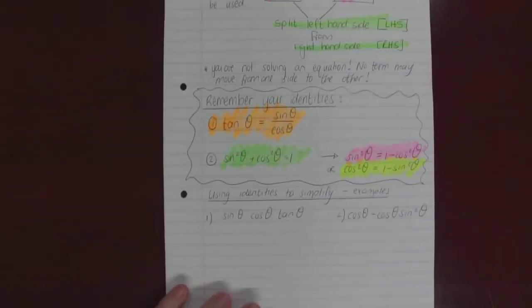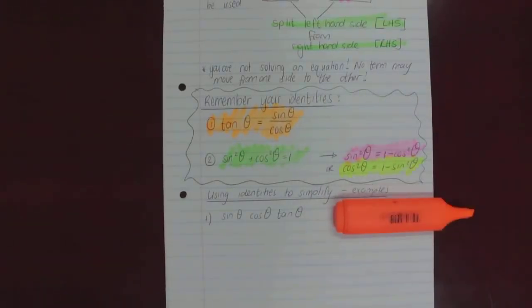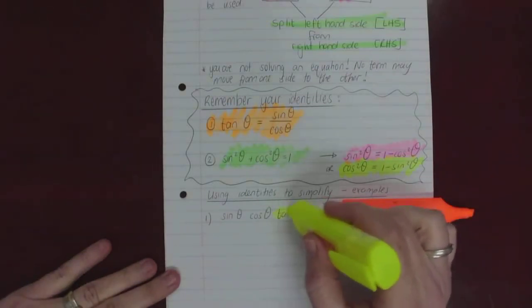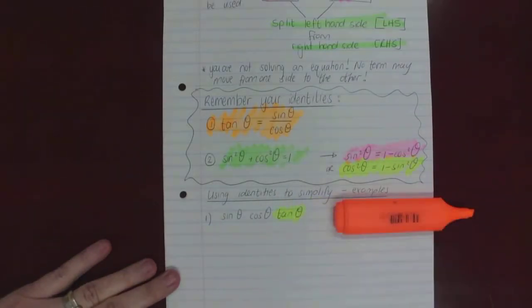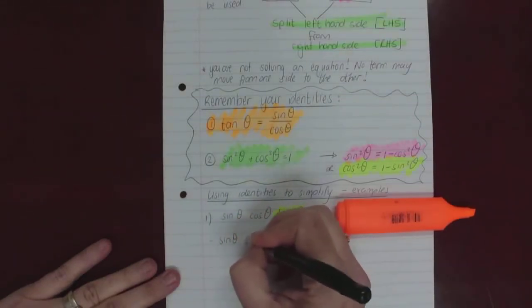Okay, so if I look at the examples, this is not equations, this is purely just working with the trig identities. When I look at sine theta times cos theta times tan theta, the only thing I notice that I can change to try and simplify this expression is the tan theta.